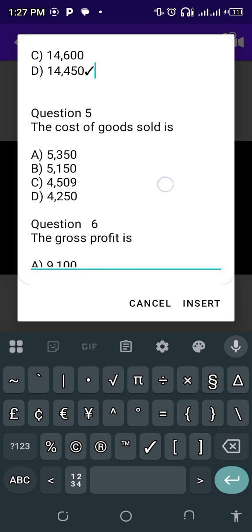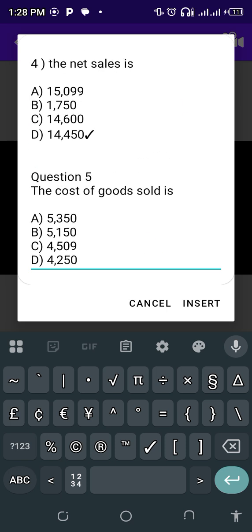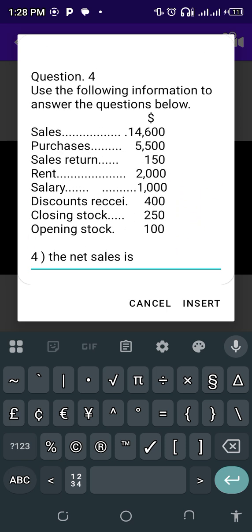Question 5. The cost of goods sold is opening stock plus purchase less closing stock. The opening stock here is 100. Purchase is 5,500.